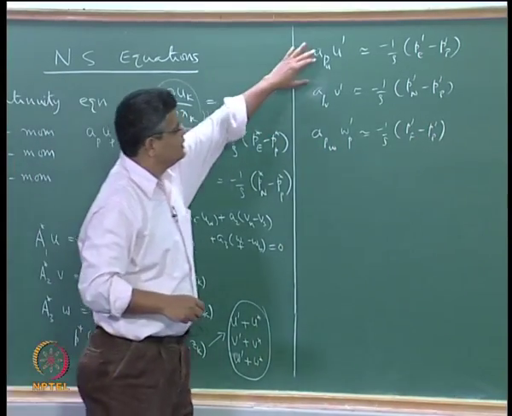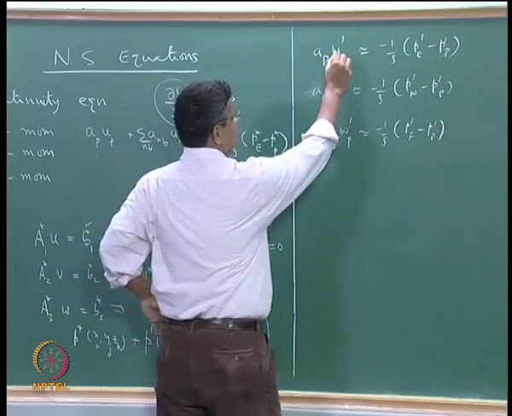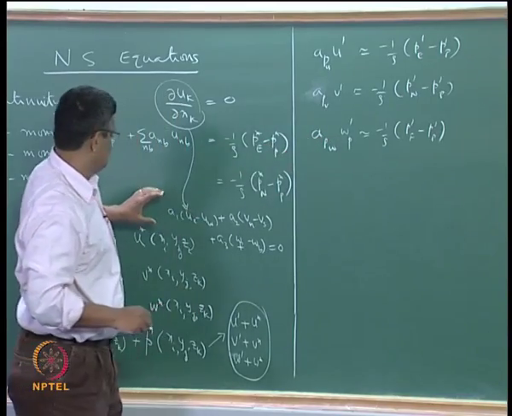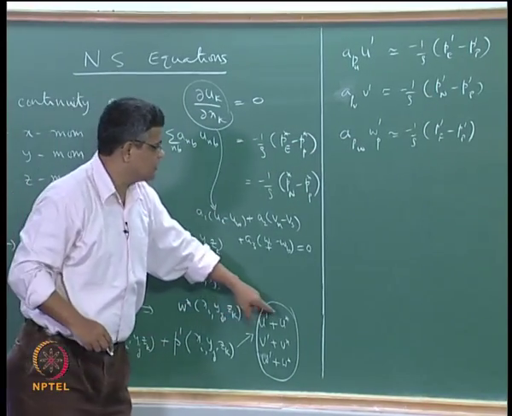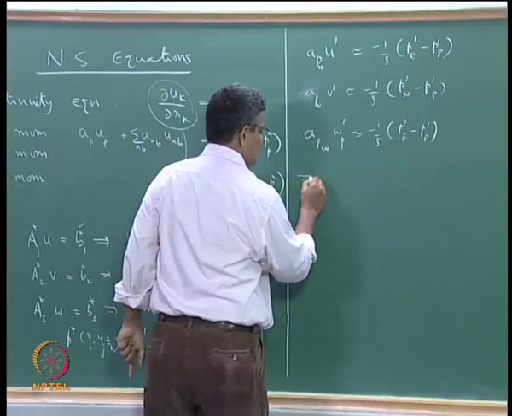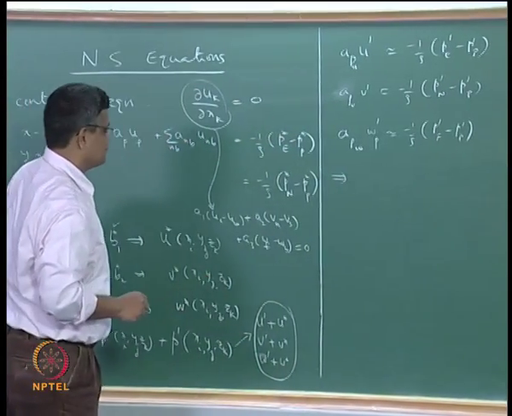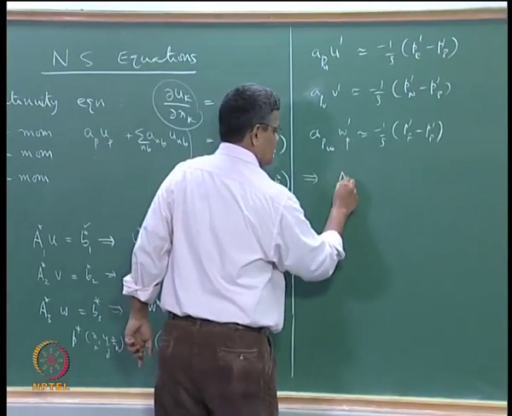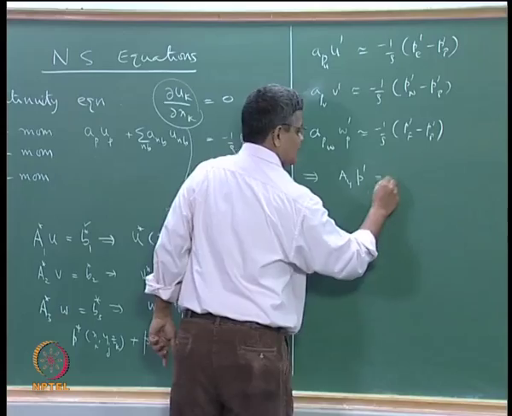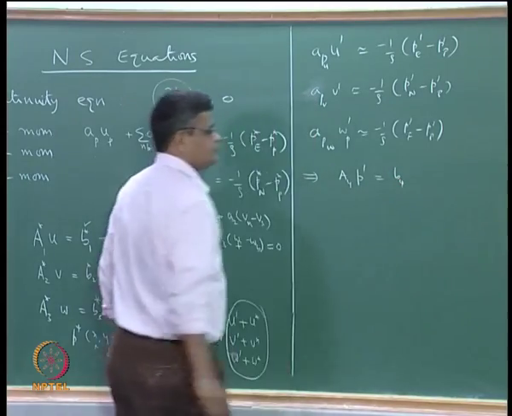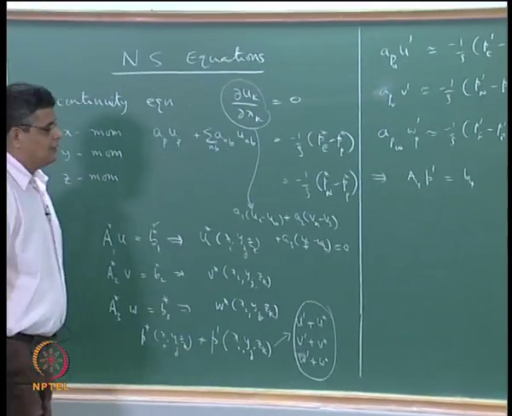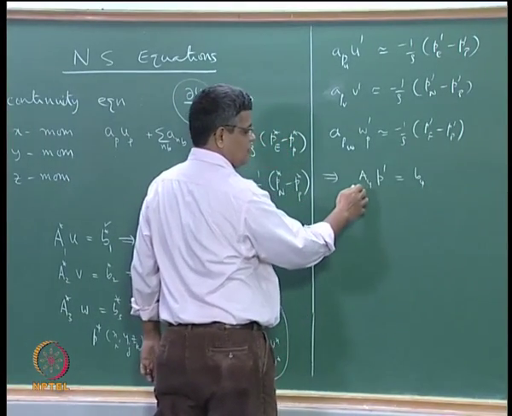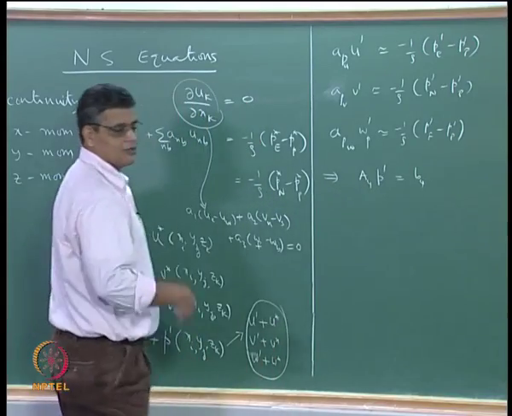So we use these approximate relations to get u prime, v prime, w prime, and once these are substituted into this equation along with the u star, then we get an equation, a pressure correction equation, which can be written as A4 P prime equal to B4, where all the coefficients of B4 are known and all the coefficients A4 also can be derived.